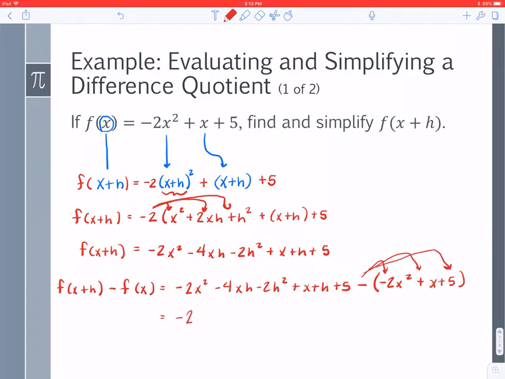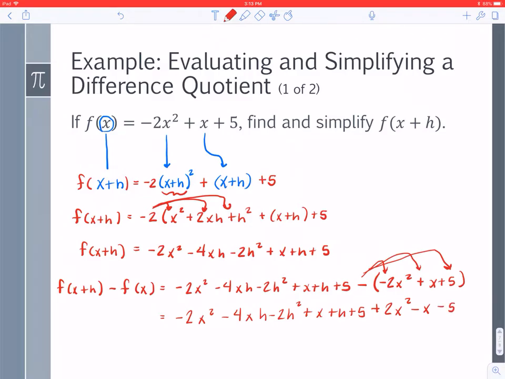So I get negative 2x squared minus 4xh minus 2h squared plus x plus h plus 5. When I distribute that minus across that minus 2x squared, I get plus 2x squared. When I distribute that minus across that plus x, I get minus x. When I distribute that minus across the plus 5, I get minus 5.